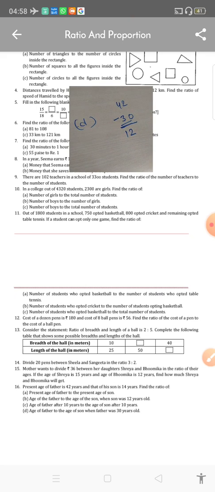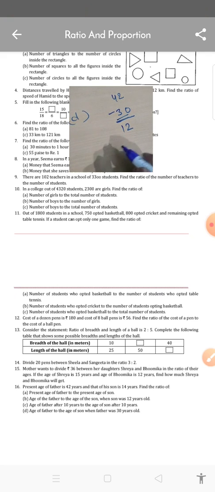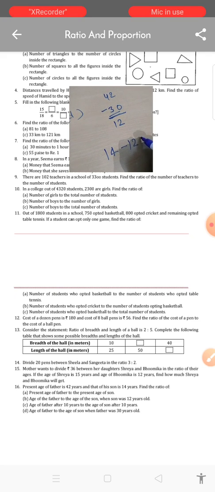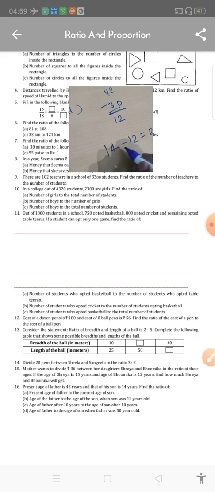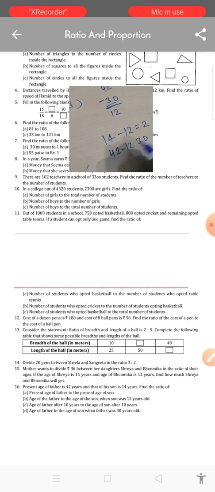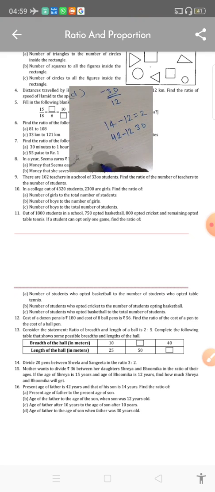The present age of son is 14 years, so 12 years ago the age of son is 2 years. And 12 years ago the father's age is 30 years. So what is the required ratio of their age?